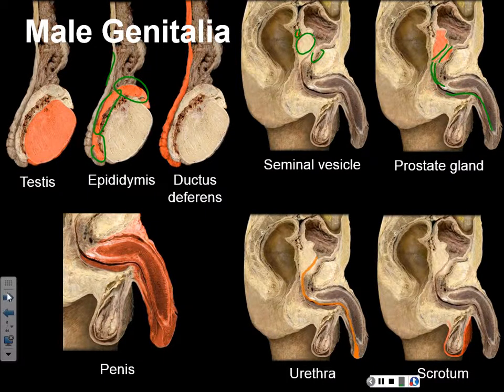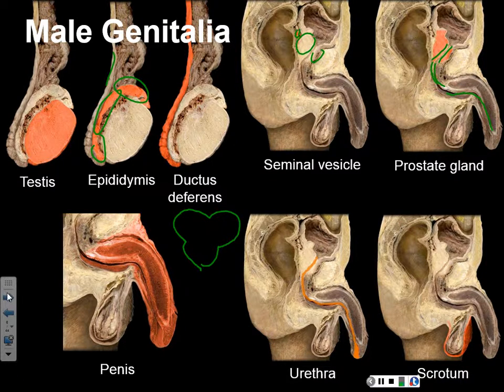And then the penis is made of 3 columns: the corpora cavernosa, which is 2, one on either side, and then the corpus spongiosum on the bottom. Okay, so if you take a cross section of the male penis, this is kind of what you find. And when it's erect, it's very evident. It doesn't appear like a clover like that, but you can see the pillars.